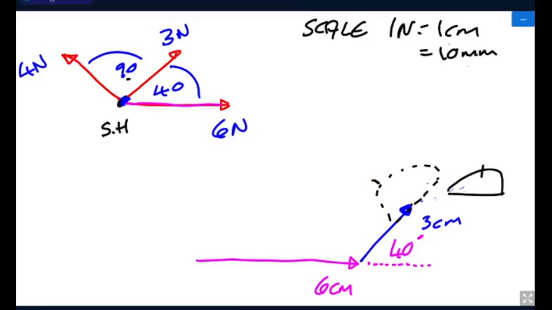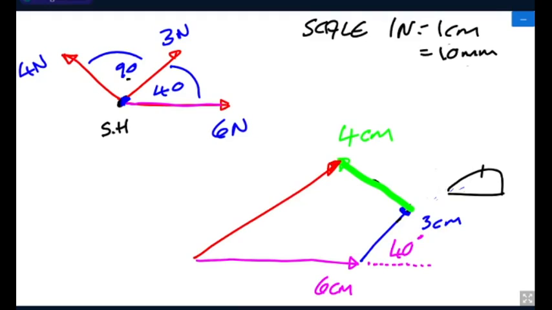Then you would draw that, and it can be any color we want. It's going to be a bit smaller than that, but there we are. It's 4 newtons, centimeters. And then the resultant force would be that. That's the resultant. And the angle would be in there.